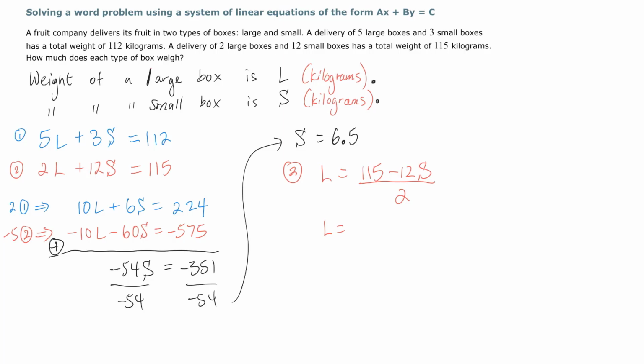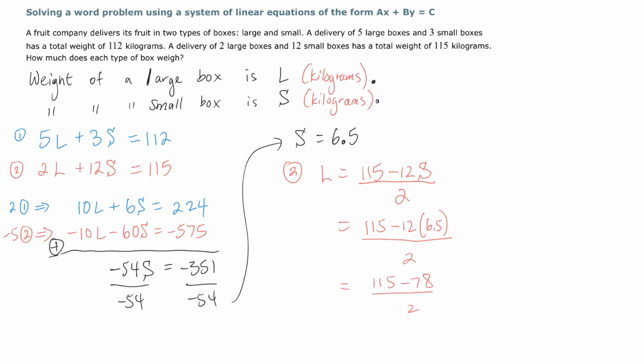So if you plug that in, L equals 115 minus 12 times 6.5, divided by 2. 12 times 6 is 72, and then 12 halves is 6. So that's 78. 115 minus 78, divided by 2.